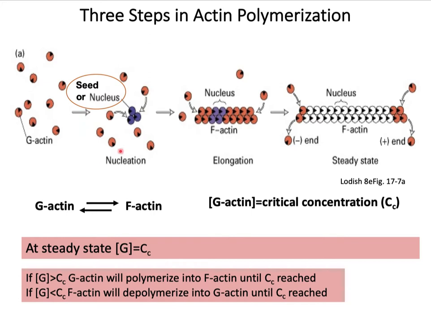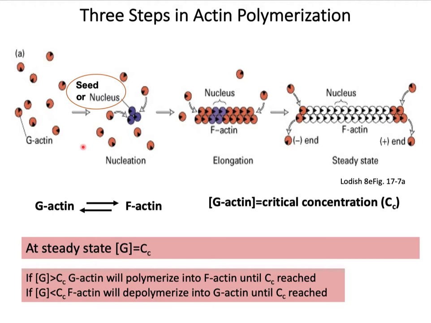This is the rate limiting step, or the slowest step. You have a group of G-actin monomers and a few of them will come together to form a trimer. Sometimes it is also known as a seed or a nucleus, and this step is known as nucleation. Once this happens, polymerization will occur much more rapidly.